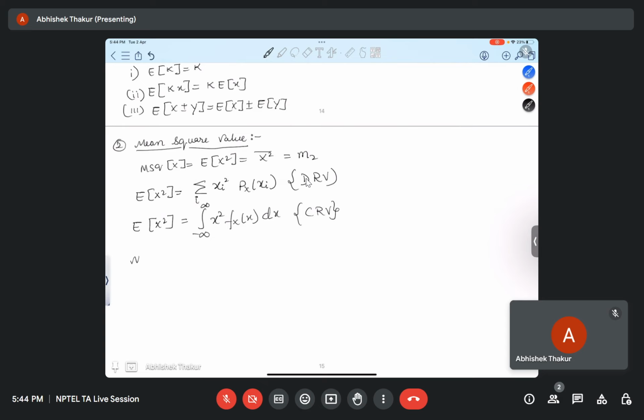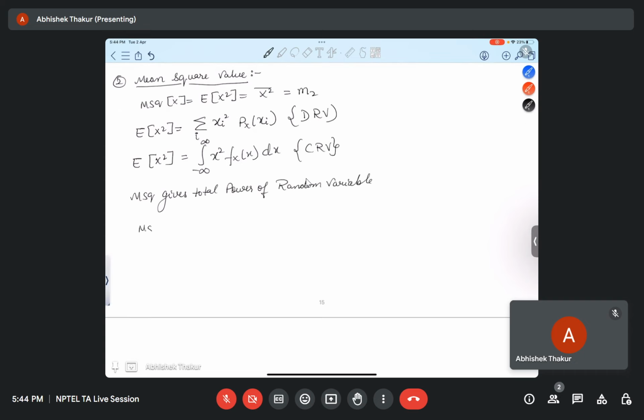The mean square value gives the total power of the random variable. So mean square of x is equal to E of x squared, and that is also equal to the power of x.